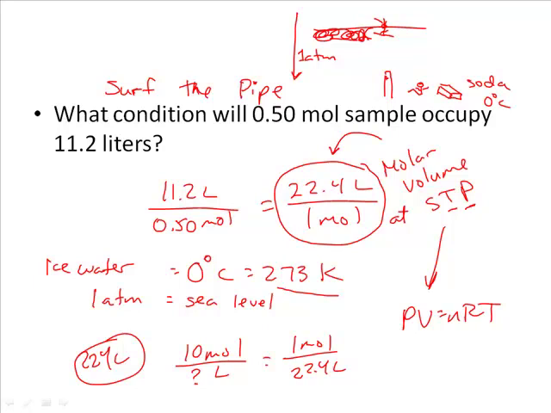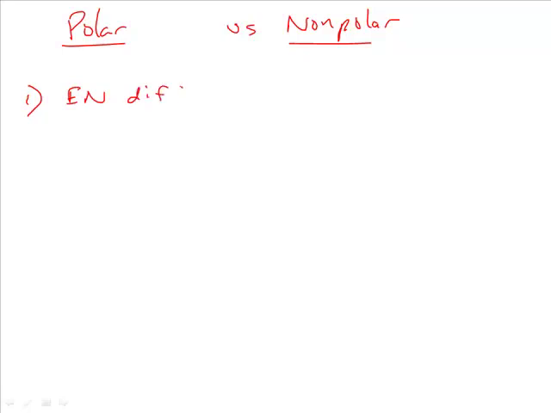All right, next one is polar versus nonpolar. Polar versus nonpolar includes a lot of chemical concepts that we've learned. There are 2 things to always consider in polar versus nonpolar molecules. The first thing is the electronegativity difference, and the second thing is the shape.